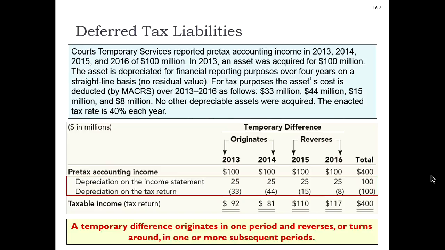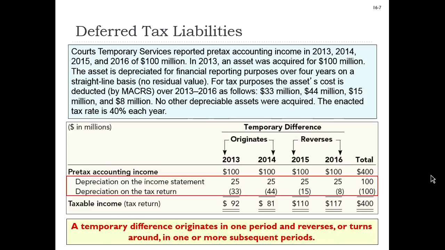For tax purposes, the asset's cost is deducted by the MACRS method, which is a modified accelerated cost recovery system, a system mandated by the IRS in reference to depreciation, over 2013 to 2016, as follows: $33 million, $44 million, $15 million, and $8 million. No other depreciable assets were acquired. The enacted tax rate is 40% each year.